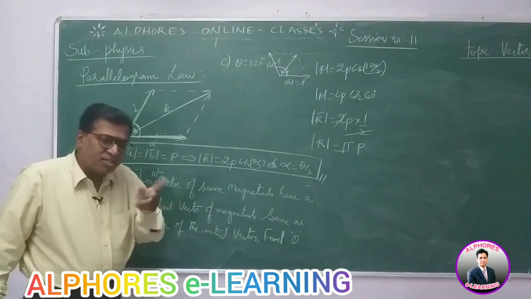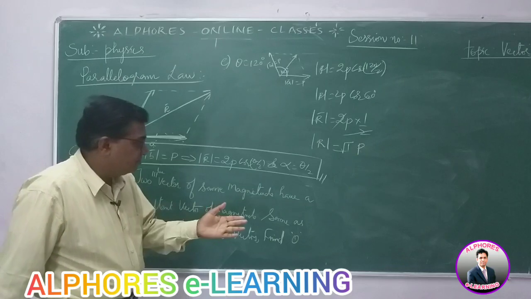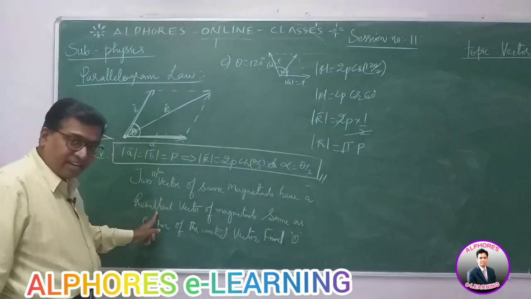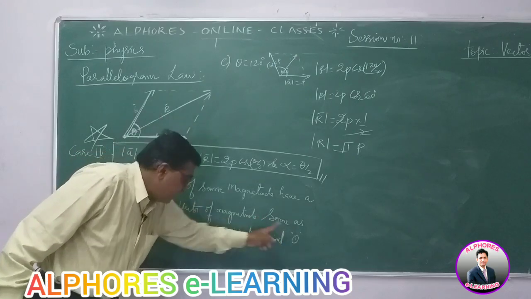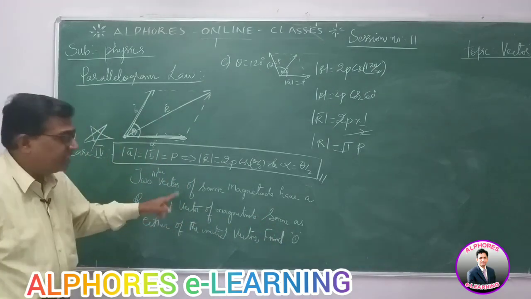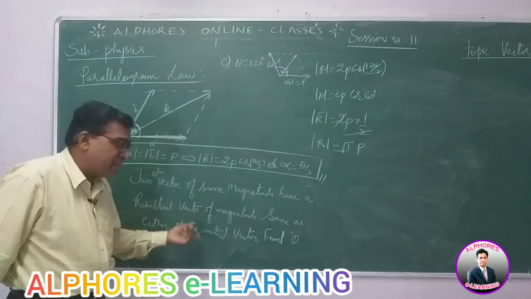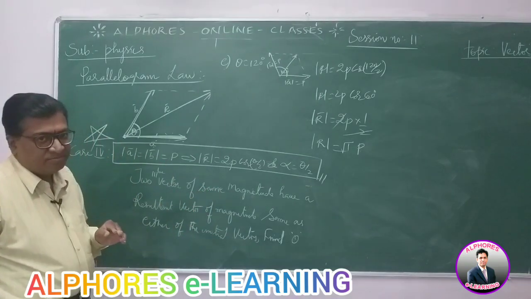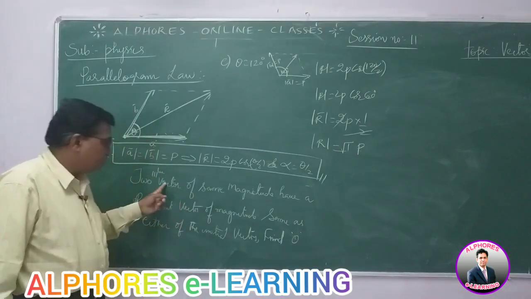Two similar vectors belonging to the same physical quantity, of same magnitude P, have a resultant R. So the magnitude of the resultant is the same as that of either of the initial vectors. So there are two initial vectors.